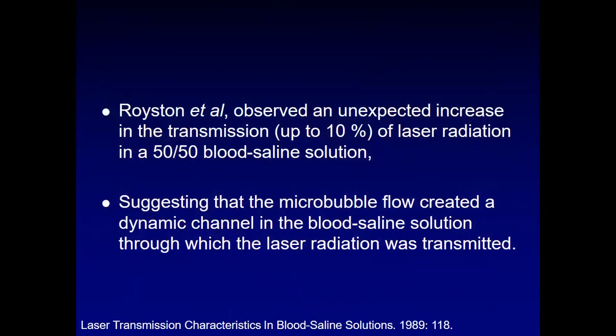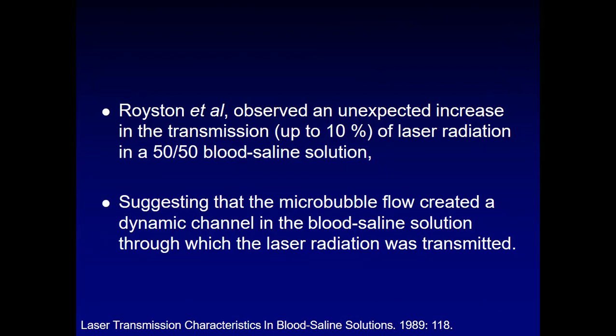So it was observed that this transmission which goes in, they tried it in blood and saline mixed. Initially they started with blood, then they divided it into 50 blood and 50 saline.